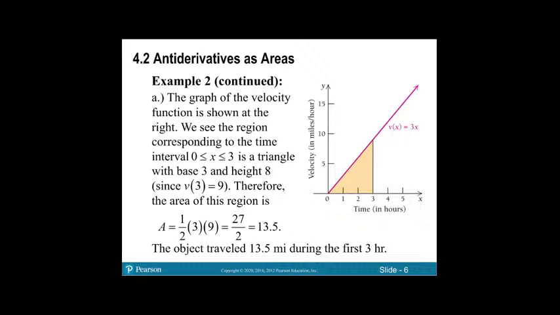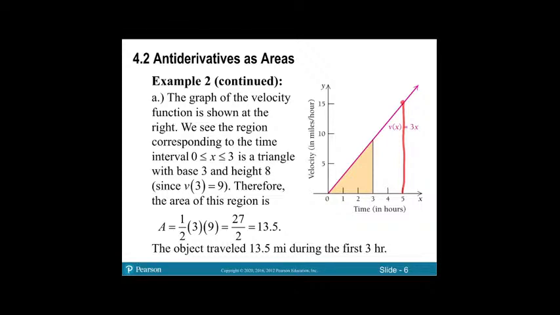Again, for part A, the graph of the velocity function is shown at the right. You see the diagonal line, and it makes a right triangle, and I think we got that same 13.5 during the first 3 hours. If we want 3 to 5, we could just find the area of this larger triangle. The height here, when x is 5, the speed is 15.